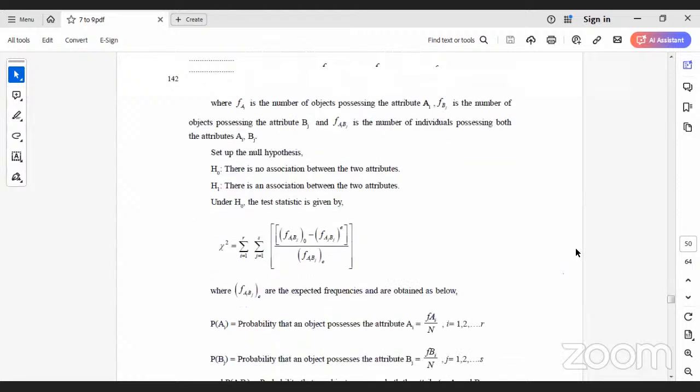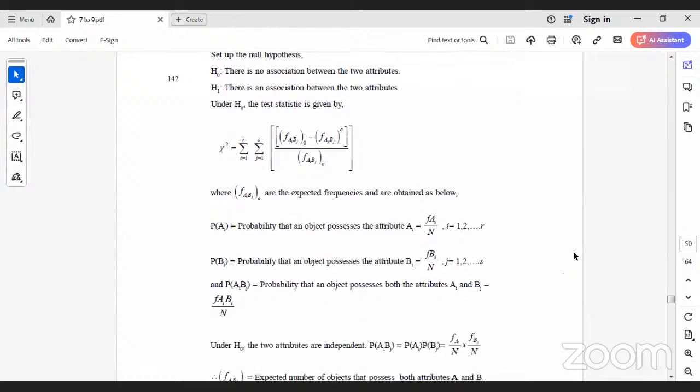The test statistic is the summation over i equal to 1 to r, summation over j equal to 1 to s, of (f0(AiBj) minus fe(AiBj)) squared by fe(AiBj), where the expected frequencies are obtained as below. P(Ai), the probability that an individual possesses attribute Ai, is f(Ai) by n, for i equal to 1, 2, 3 and so on to r. P(Bj), the probability that an individual possesses attribute Bj, is f(Bj) by n, for j equal to 1 to s.